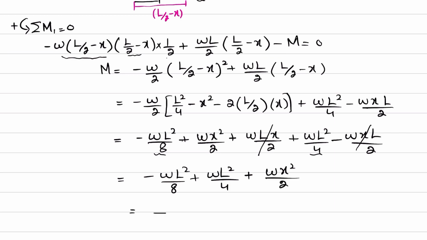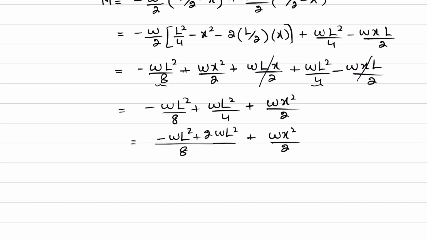If you take the LCM, it will be 8, and this will be WL square plus 2WL square, plus Wx square over 2. When you solve this, you will get WL square over 8 plus Wx square over 2.